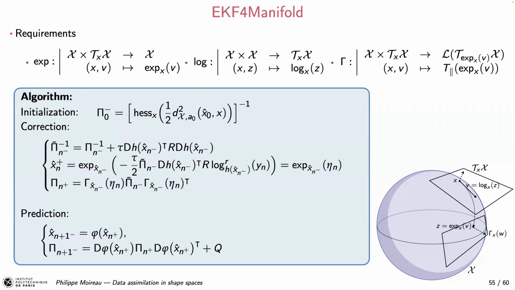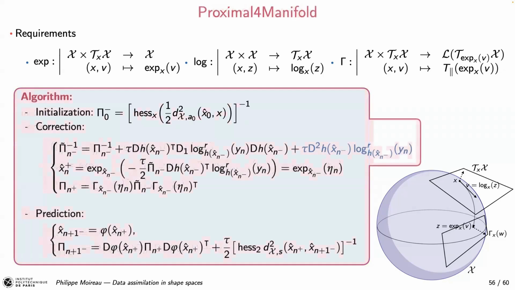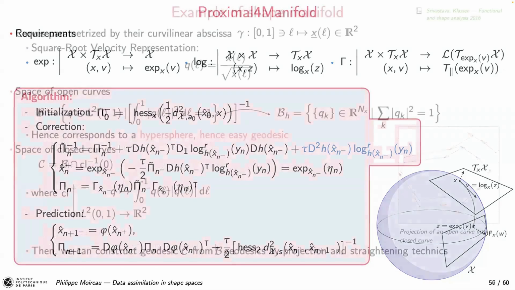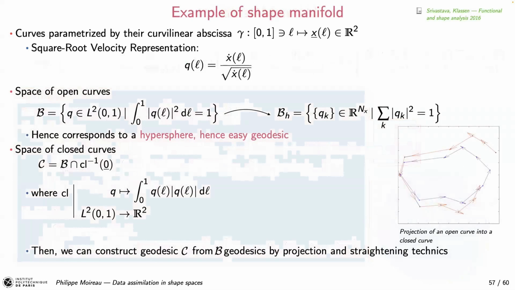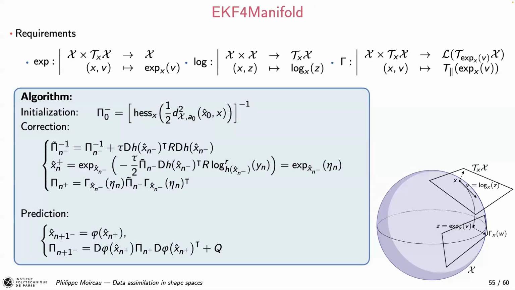And there is the version with the additional term that we like very much, but I will skip that. Does it work on the shape manifold? The only thing that we need for this last algorithm to work is exponential, log, and parallel transport to simulate this quadratic approximation version.